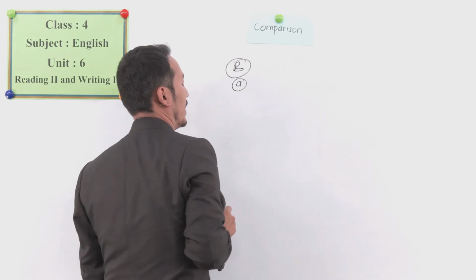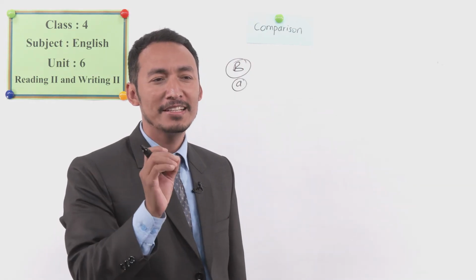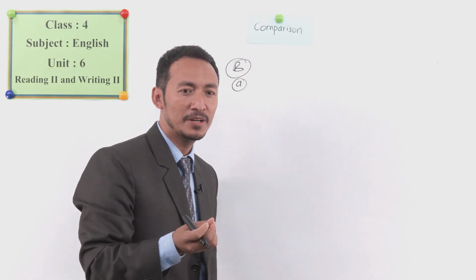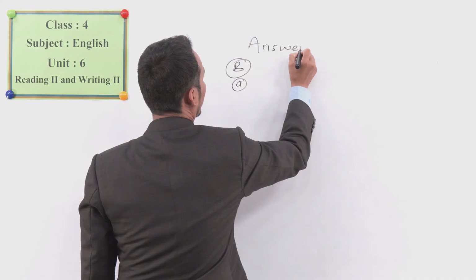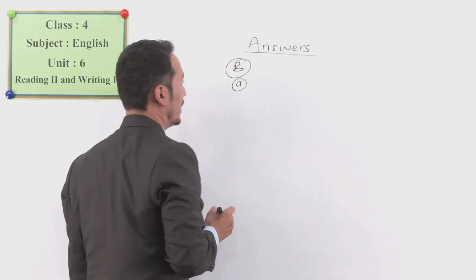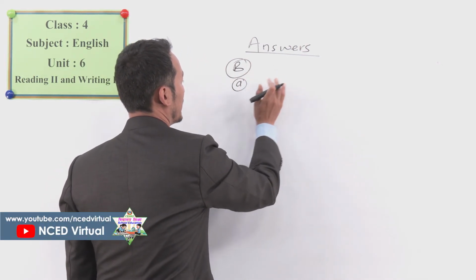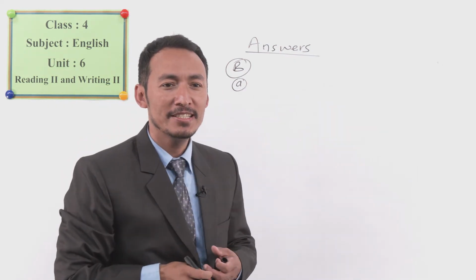Okay, students. Now, how to complete your answers with the help of these words? I'll just write a few. What causes pollution in cities? You can write like this. Now, from the questions, we are going to answer A. That is, what causes pollution in cities?